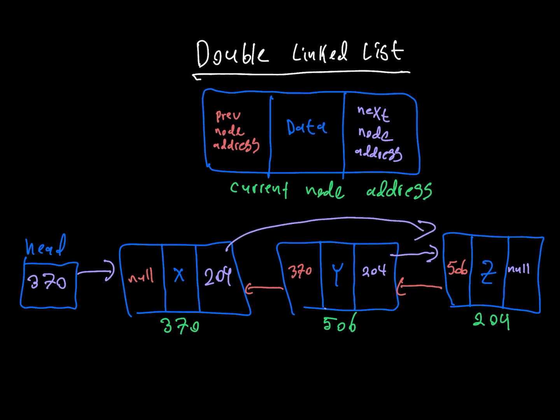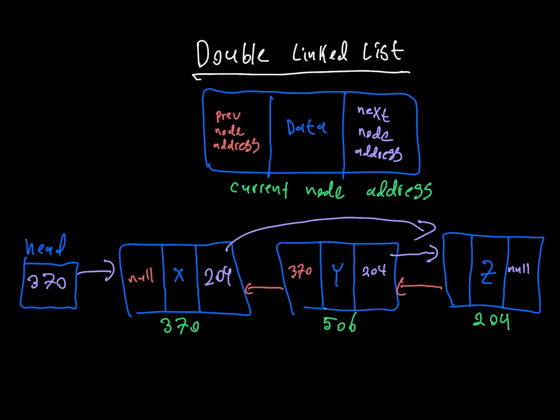And then we could also go to the next node over here and change what the previous node is, right? So we go to Y and we see the previous node is at 370.